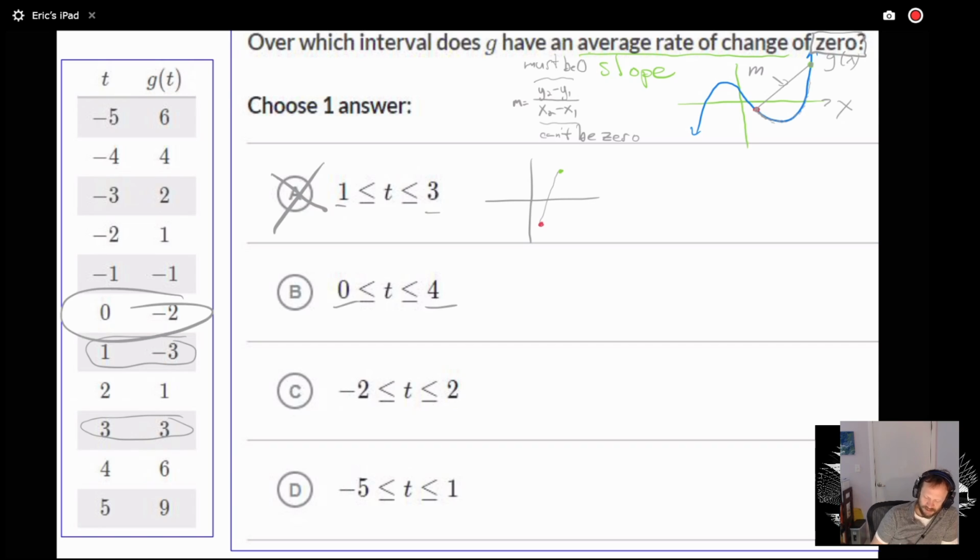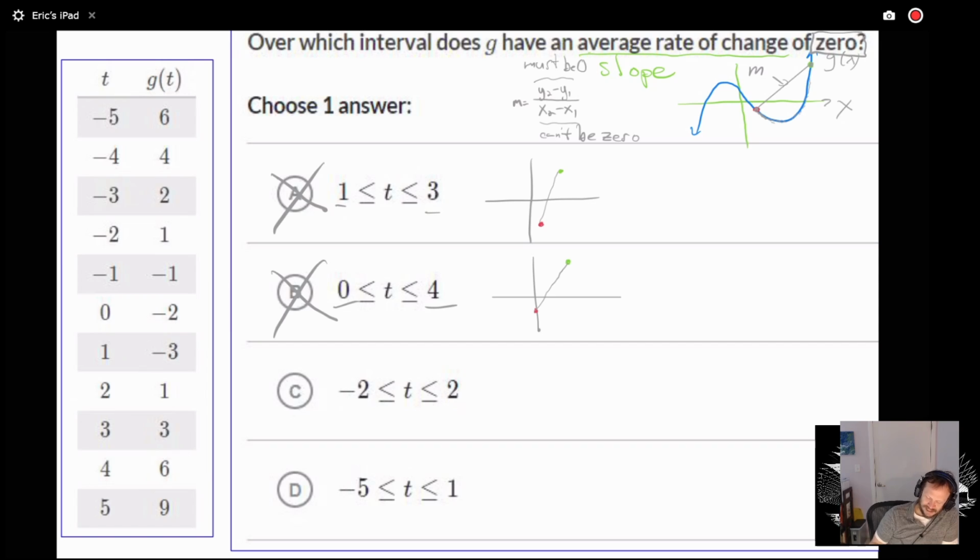At 0, my function's at -2. At 4, my function's at 6. And if I plot those points, I get -2 at 0 and 6 at 4. Again, a positive slope. Can't be that either.